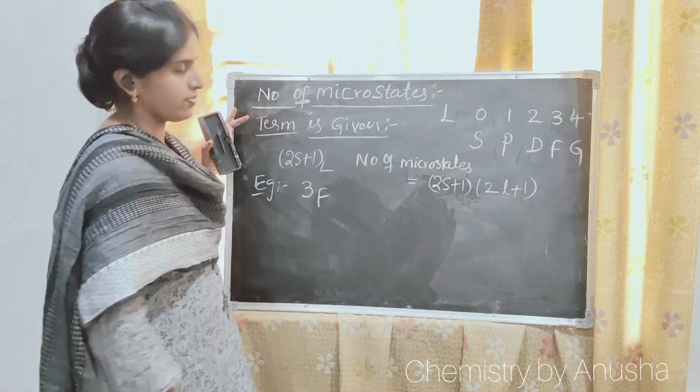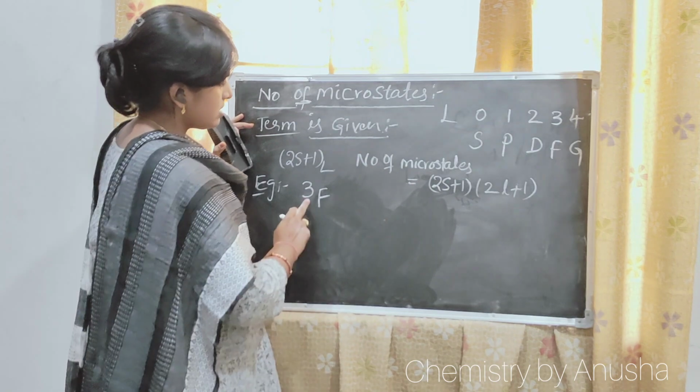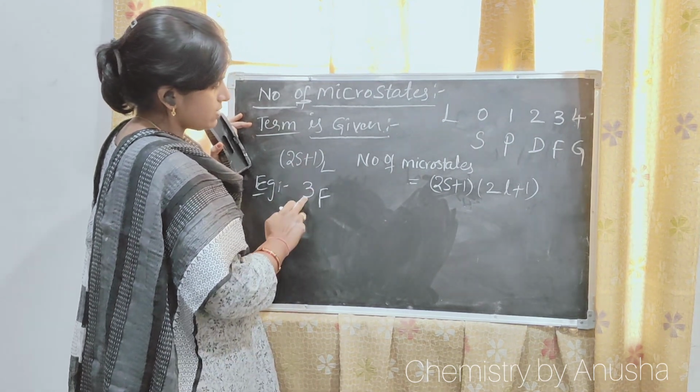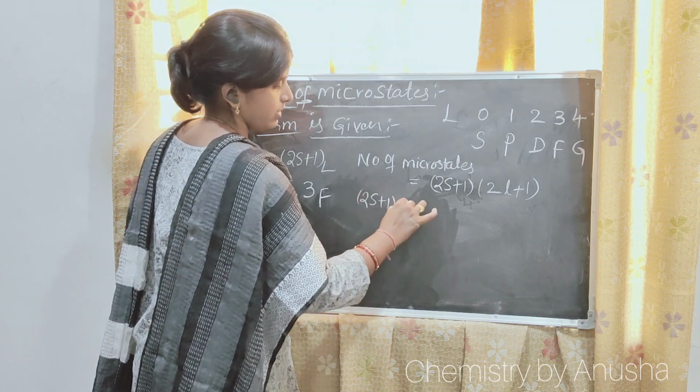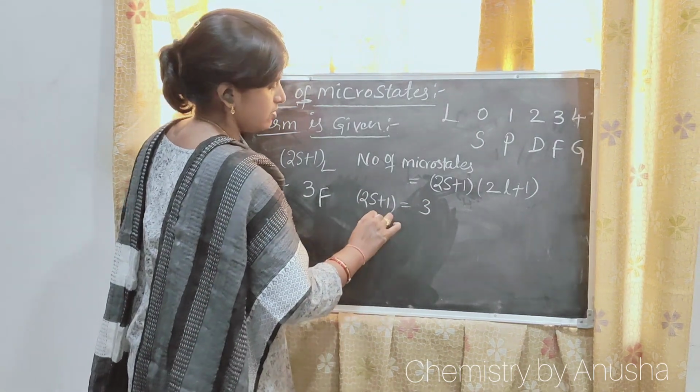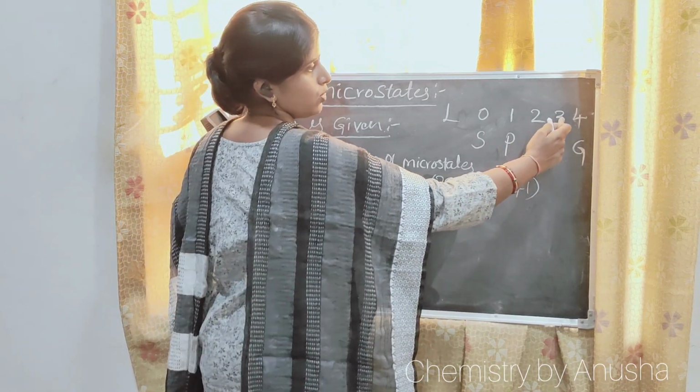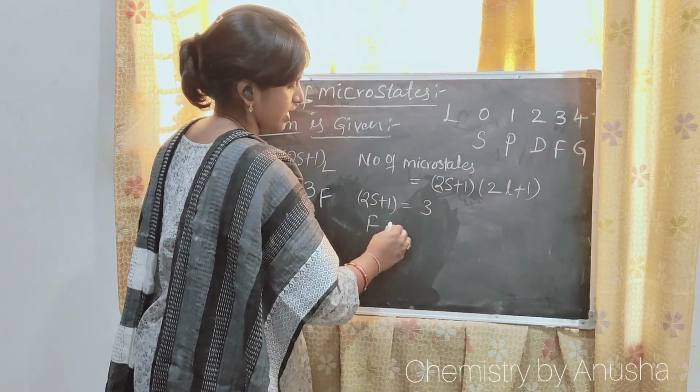For example, if we take the 3F term, what is the 3 value here? 2S+1 value is 3. Here the F term is given, so for the F term we know that the L value is 3.